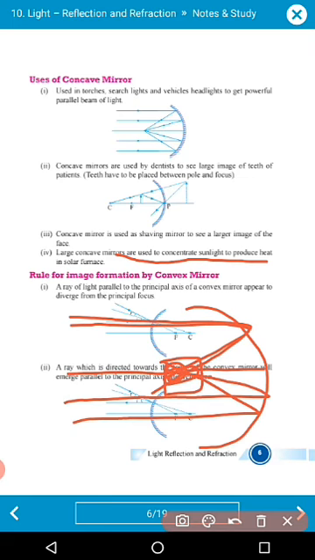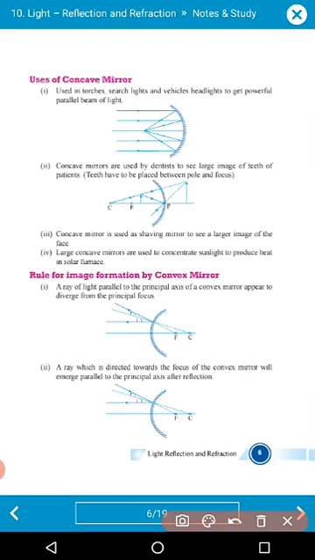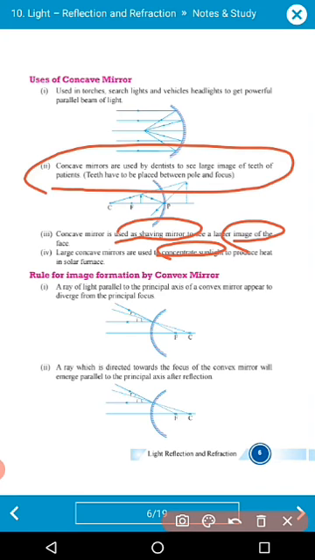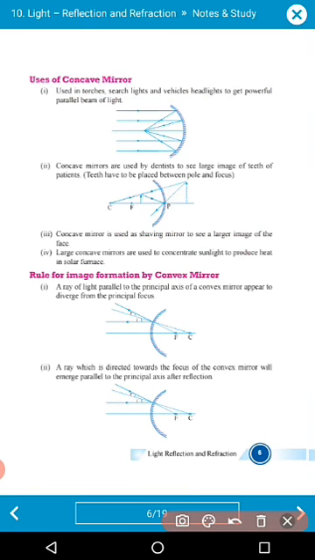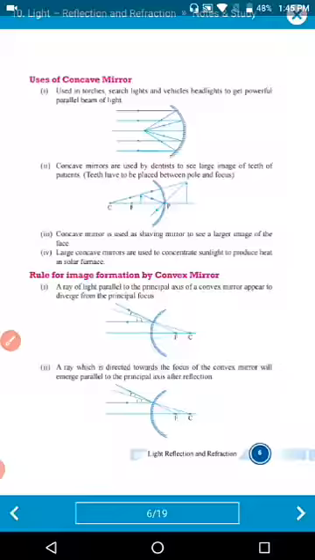So to get the maximum concentration of sunlight, concave mirrors are used. Understood? So concave mirrors are used to concentrate sunlight, as shaving mirrors to see a larger image of the face, by dentists to see a larger image of teeth, and in headlights of vehicles. Okay, these are all the uses of the concave mirror. Understood very well?